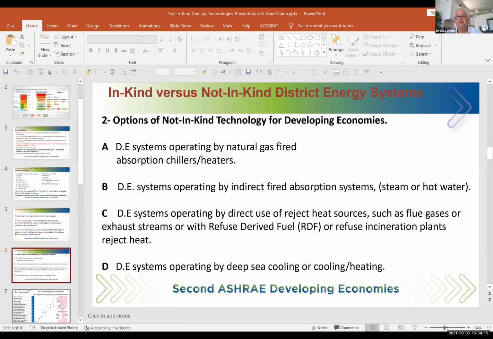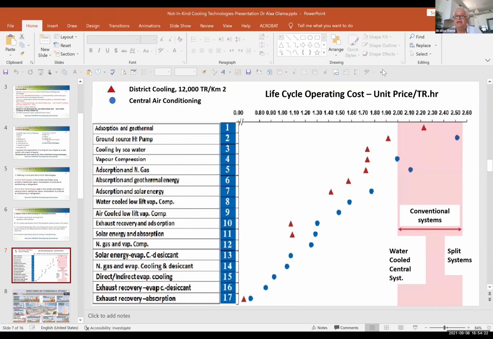But in particular, if we want to look at not-in-kind cooling technology, I think one of the most important ones are grouped here in 17 technologies. Those technologies are widely available.